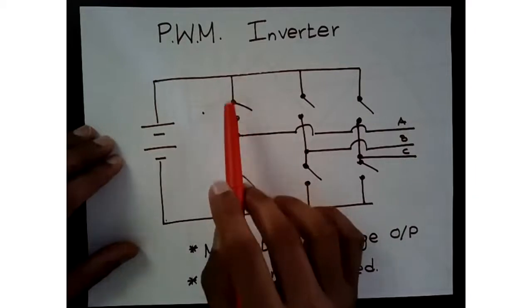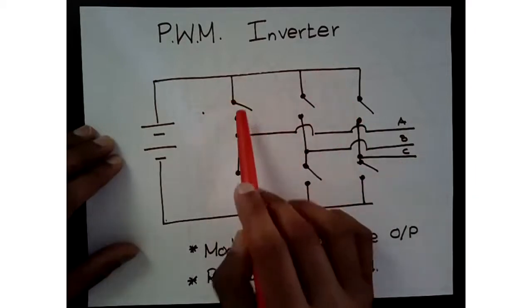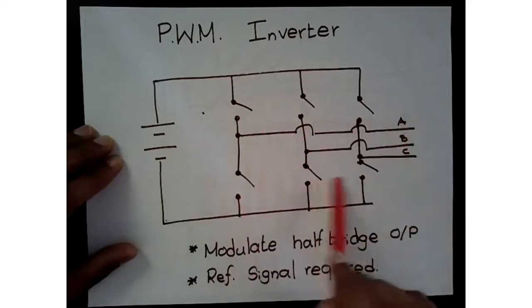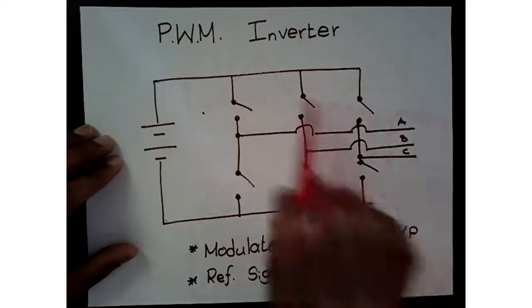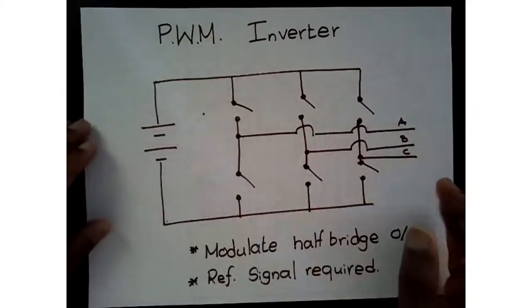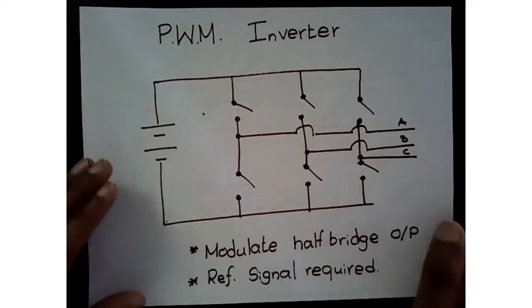Depending on the modulation strategy we plan to use, we can use a combination of these top and bottom switches to generate the current that we want in the machine.